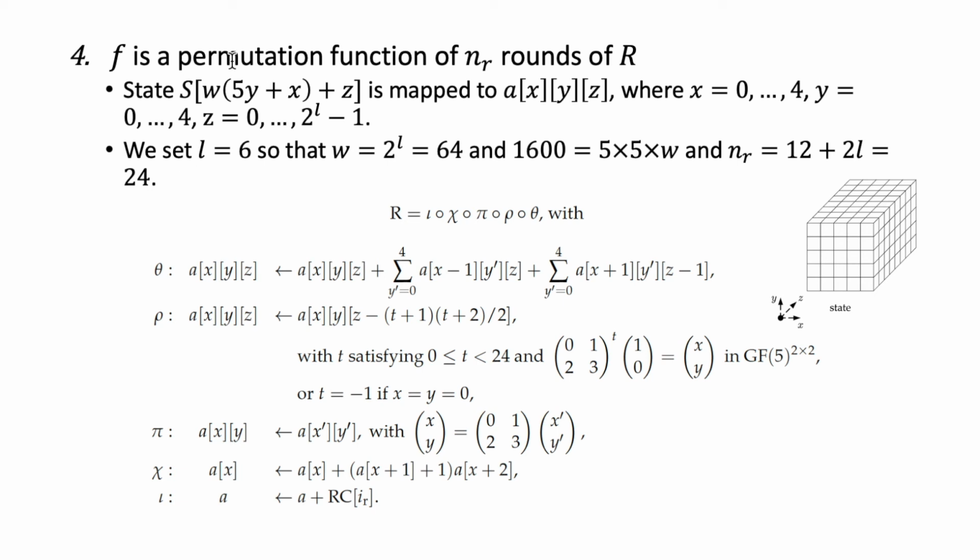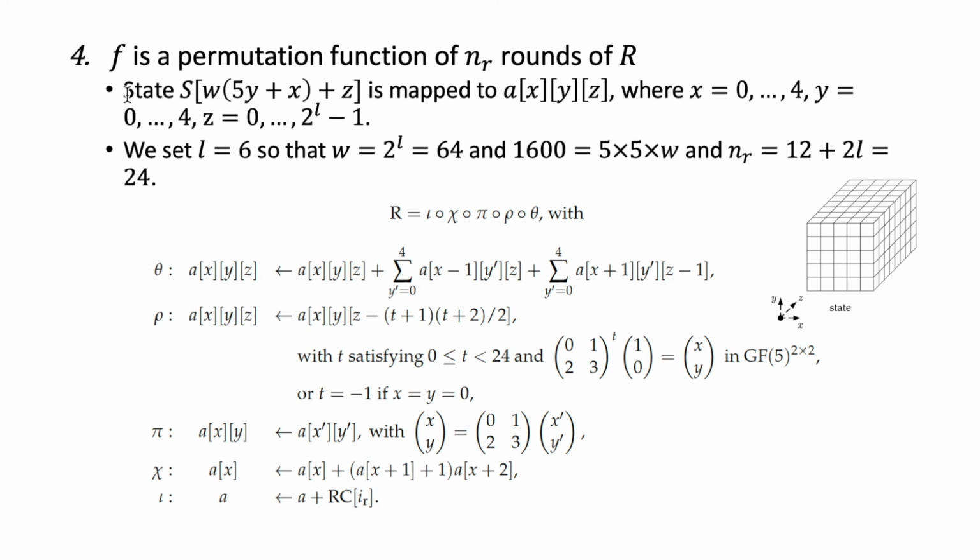And so this permutation function will need 24 rounds of R, and R is a function defined like this. There are in total 5 functions in this operation, and they are defined here respectively.